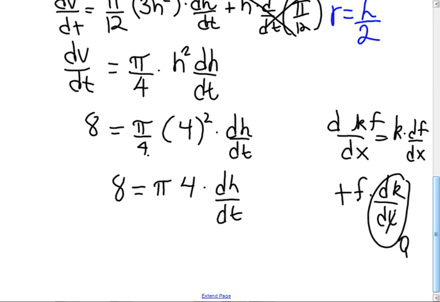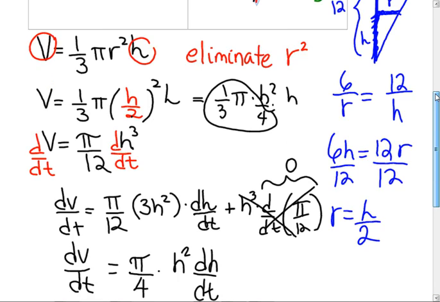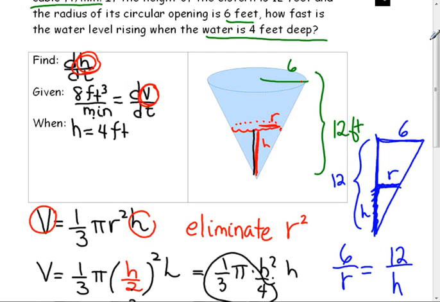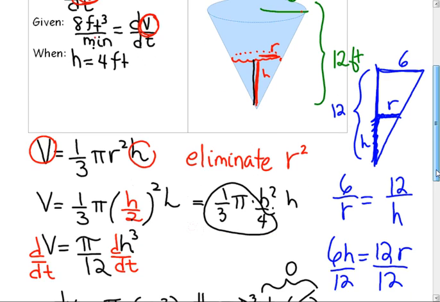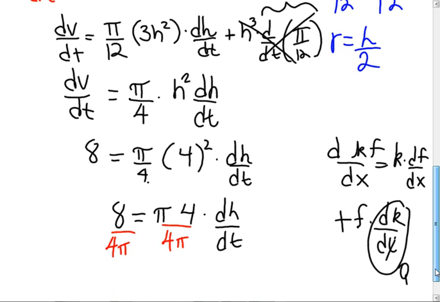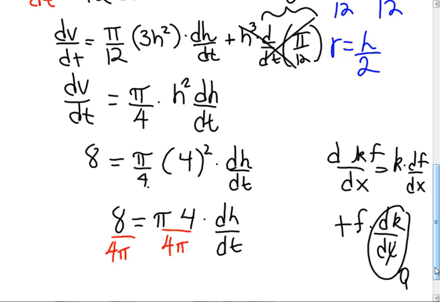And then divide by 4 pi. Eight was the change in the volume. I got it right out of my statement up here. dV/dt is 8. That's why I do that, because then I don't lose things. It's squared. 4 squared is 16. So we didn't write 16 until the very end.